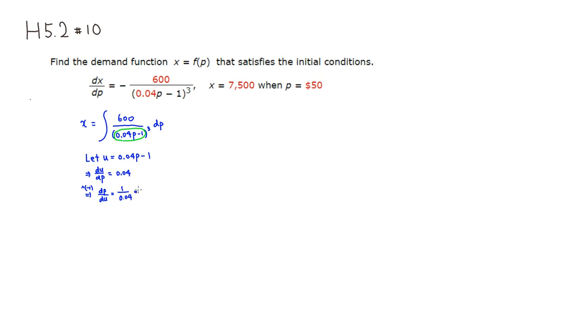That's the same thing as 25. Then we can simply multiply through by du so that we have an expression for dp, which is 25 du. If you rewrite this, 600 is just a number, so I'm going to kick it outside.